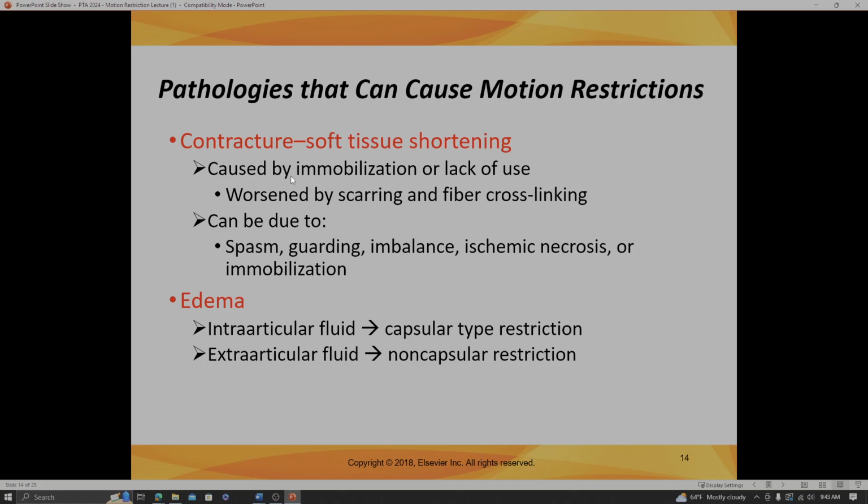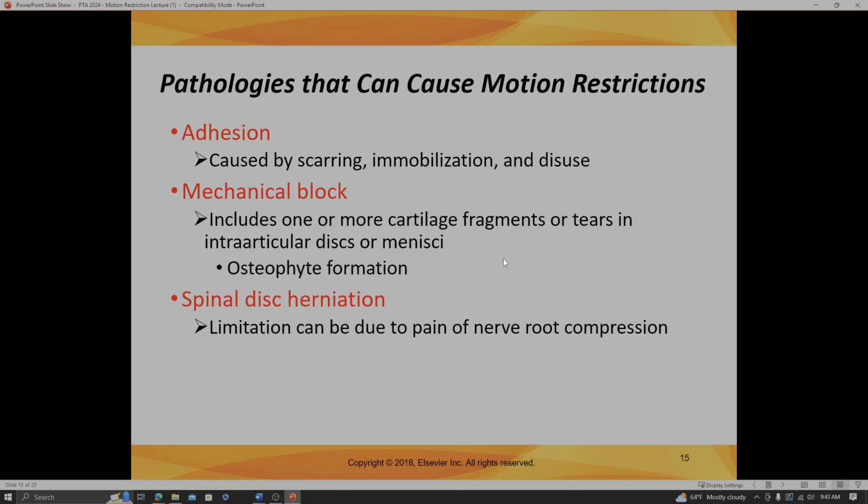All right, we discussed contractures a little bit. Just know how we categorized contractures, we'll talk about that in a second, usually caused by immobilization, worsened by scarring or cross fiber linking, and can be caused by any one of these. Here's edema. We can have edema inside the capsule, intra-articular, inside the joint, or around the joint itself, which is extra-articular fluid, which would be presenting as a non-capsular restriction.